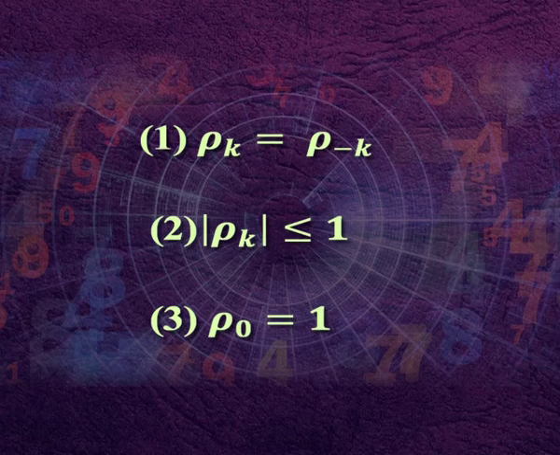The autocorrelation function defined above has the properties: number 1, rho k equal to rho minus k; number 2, modulus of rho k less than or equal to 1; number 3, rho 0 equal to 1.